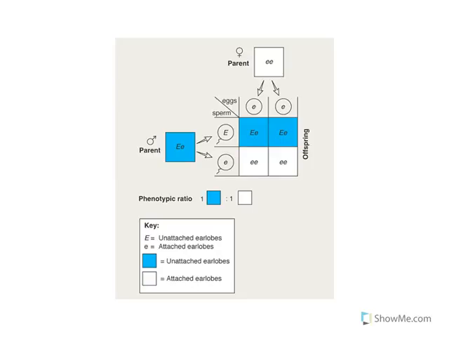Here is another example of a Punnett square, but this time, one parent is going to be heterozygous, and the other one is homozygous recessive. And as you can see, the results of this cross will give you, in the genotypic ratio, 50-50.